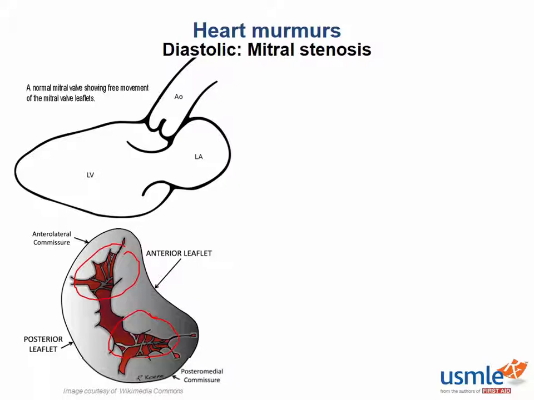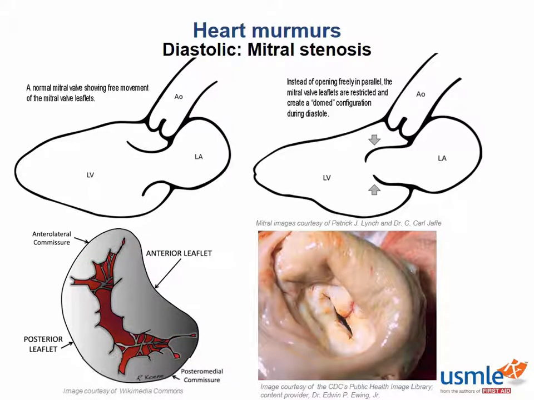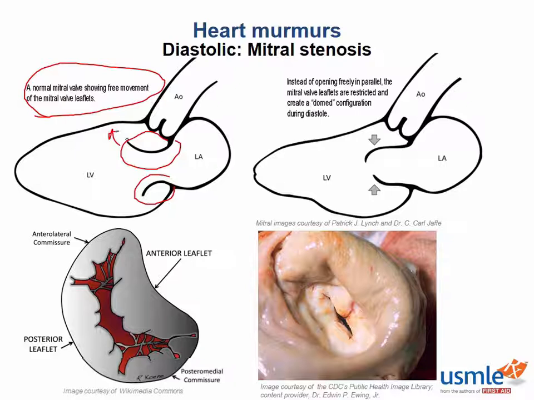So here we can see in a normal mitral valve, we have free movement of the mitral valve leaflets. The mitral valve leaflets swing this way when the left atrium pushes blood into the left ventricle. It's the normal function of the mitral valve leaflets.